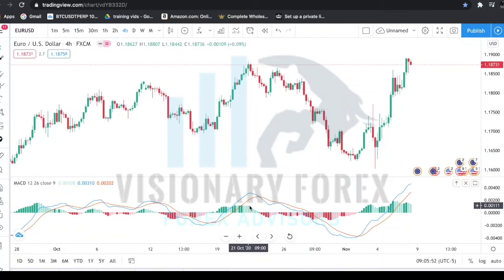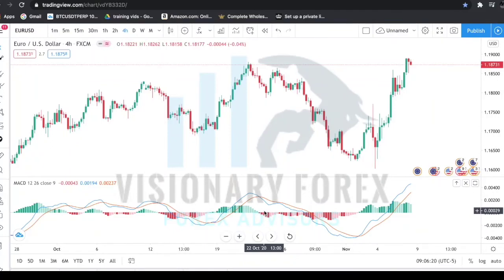So the histogram tells us the picture in advance that the buying activity is decreasing and we should take safety and mandatory precautions to exit from the market. Then as you can see, the MACD crossed over here. The signal line crossed over here, which gives us a sell signal, and the histograms begin to turn red.